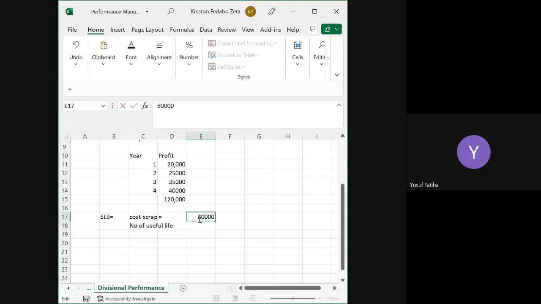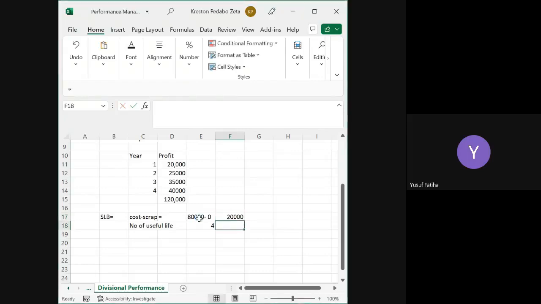Then we have the number of years of useful life, that is 4, right? We've been told that it is 4 years. So let's solve this out: 80,000 divided by 4.